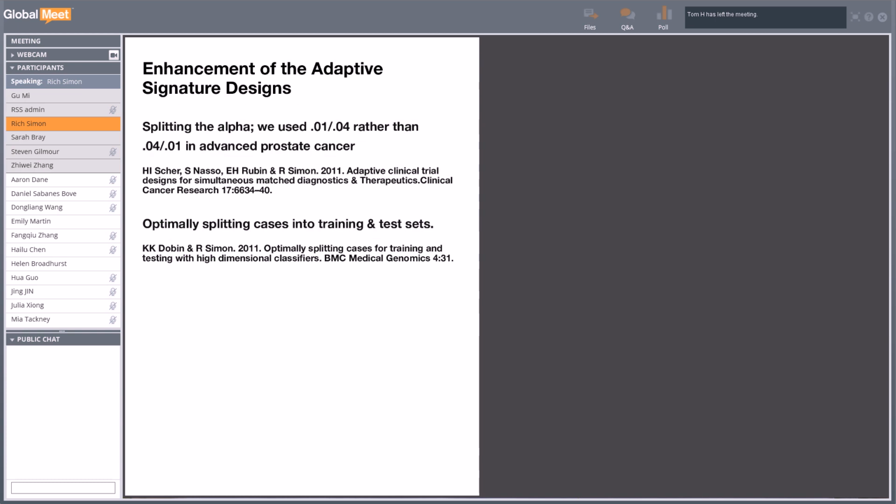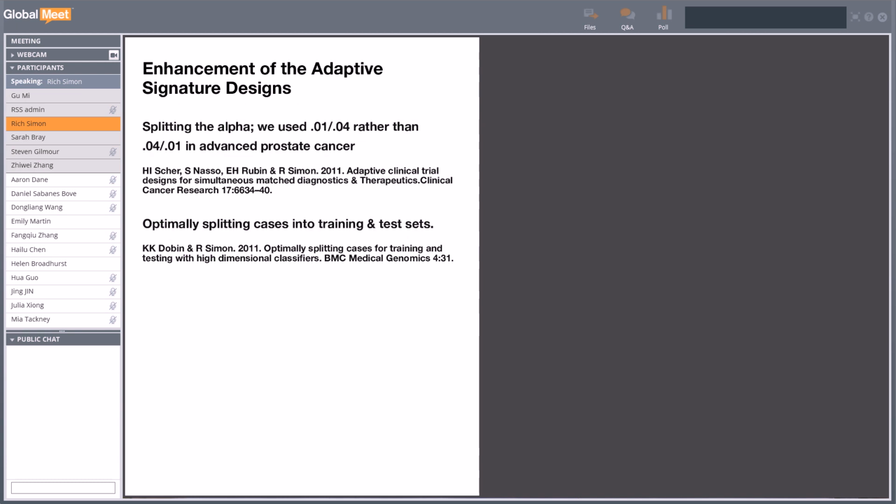And so I think we need to change the way we view it in the kinds of designs we propose. For example, the FDA in their enrichment guidelines, or their adaptive guidelines, essentially encourage the use of the adaptive signature design. And so I think we need to really take these things seriously.